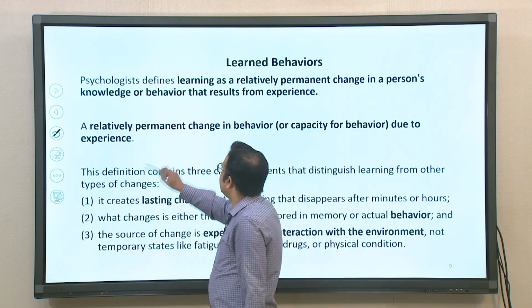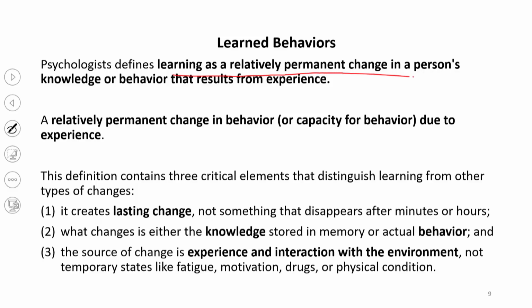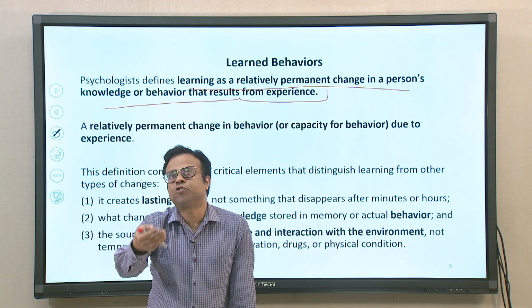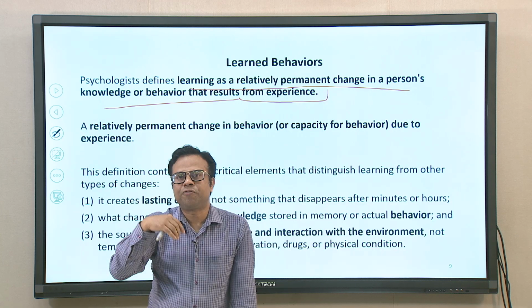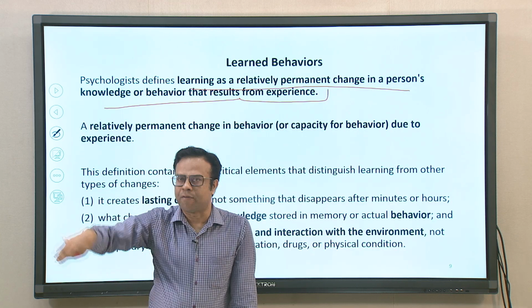So, psychologists define learning as a relatively permanent change in a person's knowledge or behavior that results from experience. So, any kind of relatively permanent change. Some kind of change happens within you in terms of your actions or in terms of your knowledge system as a result of experience or interaction with the environment.